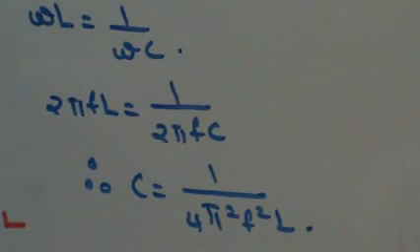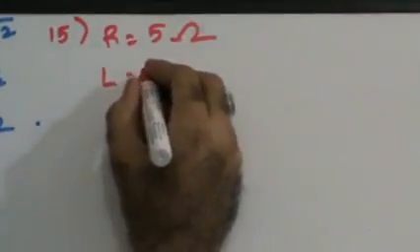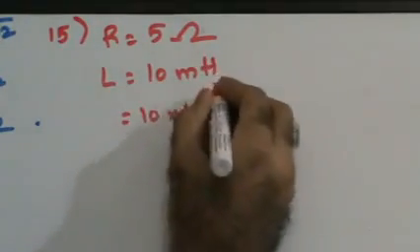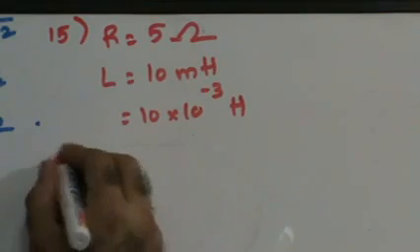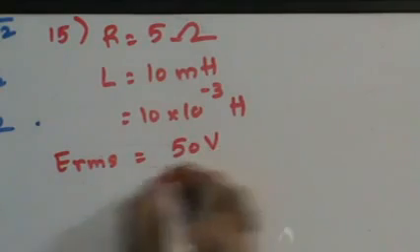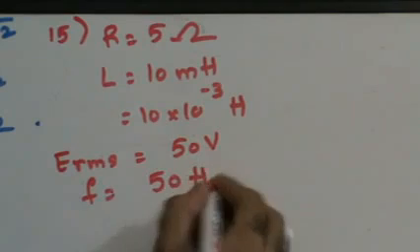An AC circuit has 5 ohms resistor and an inductor of 10 millihenry connected in series with 50 volts and 50 hertz.